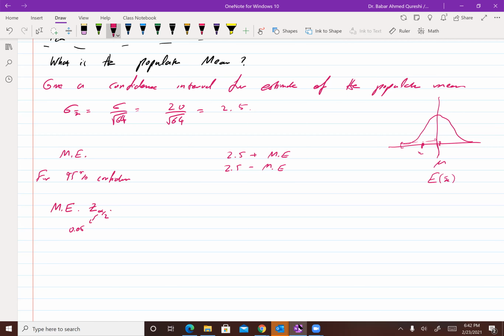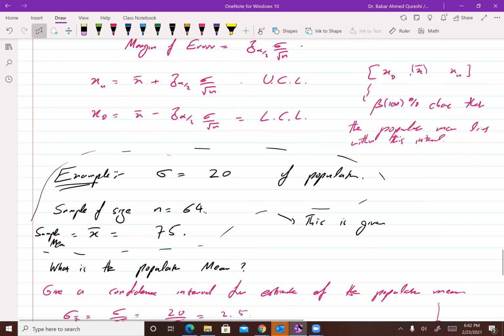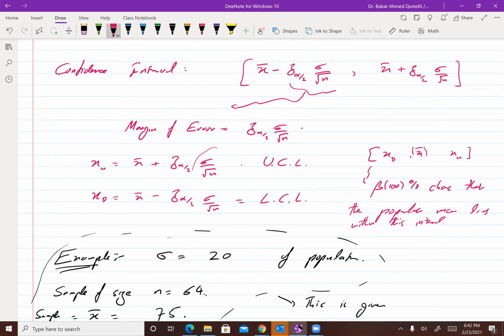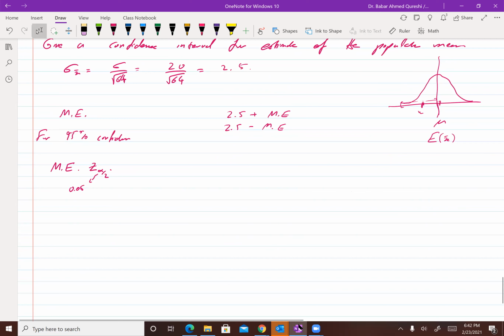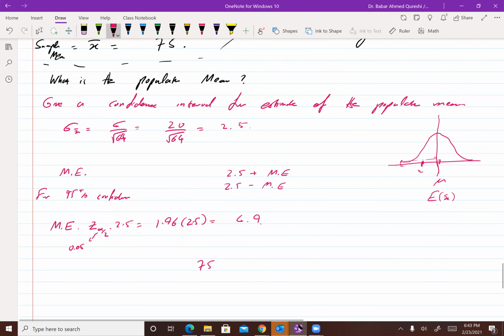And with this, according to this formula, we multiplied it with the standard deviation of the sample mean, which is known to us because sigma is known to us. So it's 2.5. This value we had just computed. So this is 4.9. So your interval is, this was your mean, 75, right?